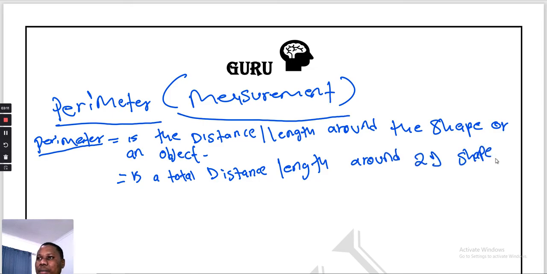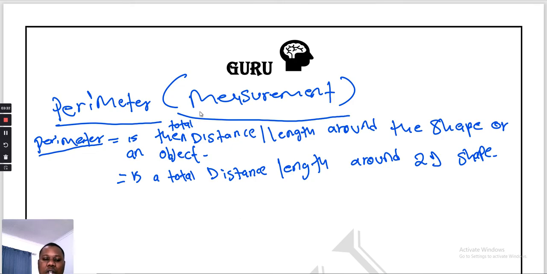We call them 2D shapes. Let me add the word total here. The perimeter is the total distance or the length around the shape or an object.